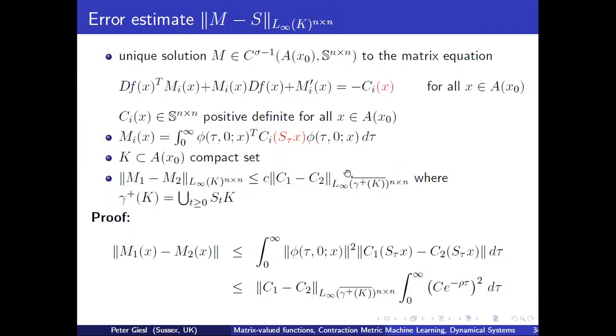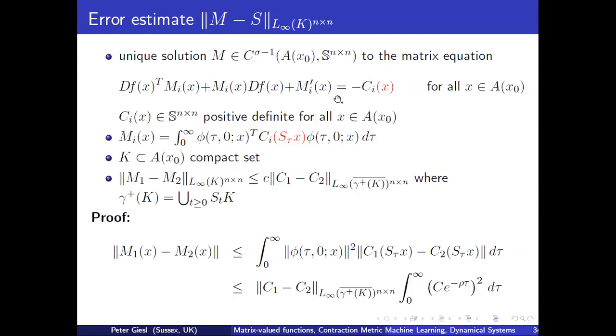The second point I wanted to talk about briefly is this error estimate of m minus s depending on f of m minus f of s. Let's put it in a different context. So we look at this matrix equation again. The right-hand side now can also depend on x. That's actually not a big generalization.